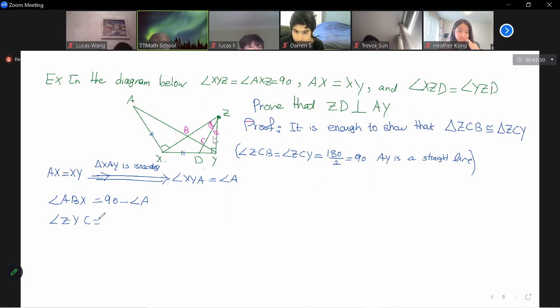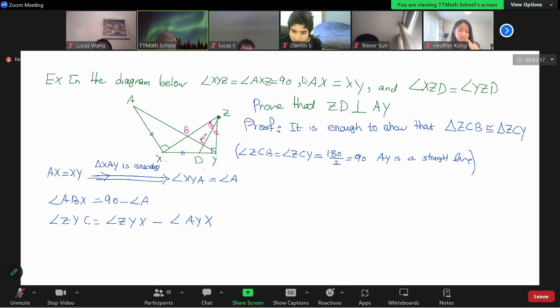ZYC is the angle ZYX, which is basically 90 degrees, minus the angle AYX, right? I just look at this angle. This angle is equal to the whole angle minus this angle, right?